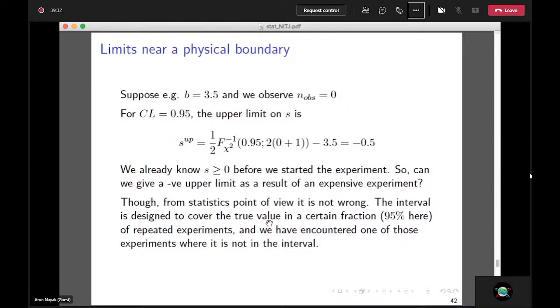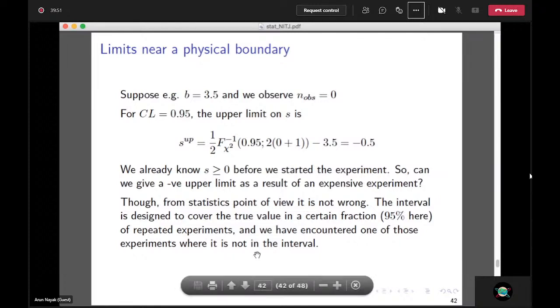So in this case, we consider 95%. So this interval was designed to contain the true value of the parameter for 95% of experiments. But we have encountered one of those experiments where this interval simply doesn't contain the true value. That is the case.